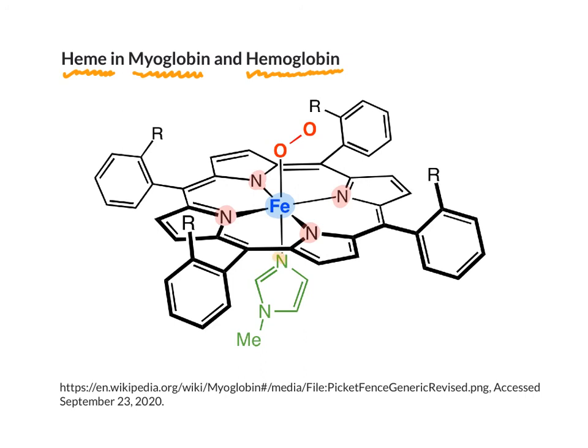Below it is a nitrogen, and then above it is the oxygen. So that iron in hemoglobin is hypervalent, and it is octahedral. So we do need to be able to recognize hypervalent species in organic chemistry.